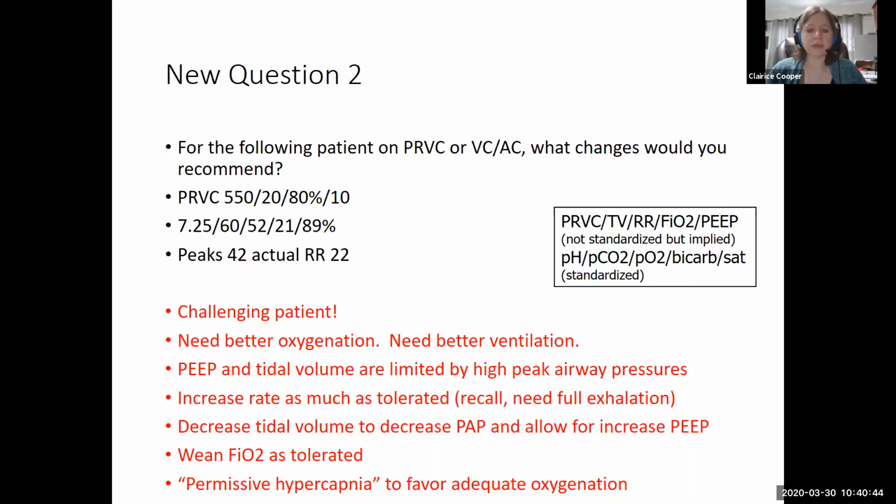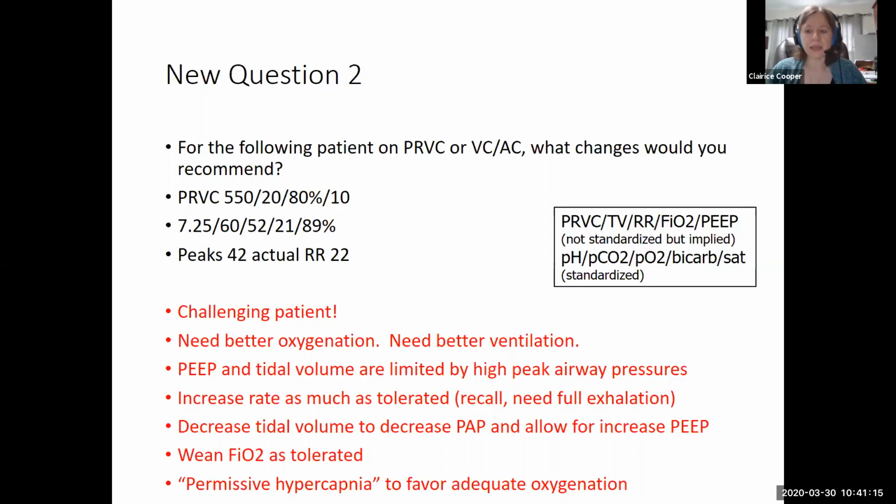Another mode that sometimes gets brought up, again, a talk for another day, would be bivent or APRV. The problem with bivent or APRV in a patient that's gotten to this point are two problems. One is that if there's any issues with hypotension or hypoperfusion, typically that transition to bivent or APRV is very rocky, as it requires high pressures and sometimes can cause the patient to decompensate.